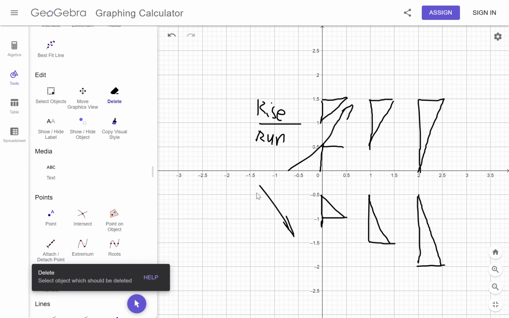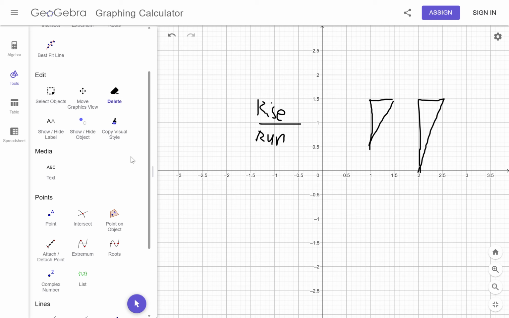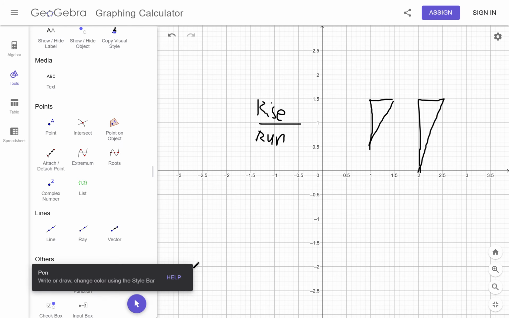Alright, now let's talk about the y-intercept and x-intercept. Erase this first. The x-intercept is defined as the point on the line that touches the x-axis.